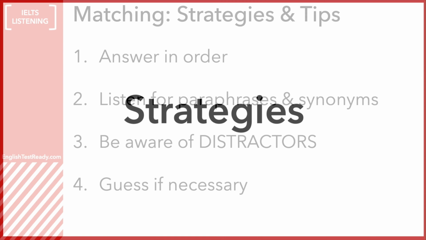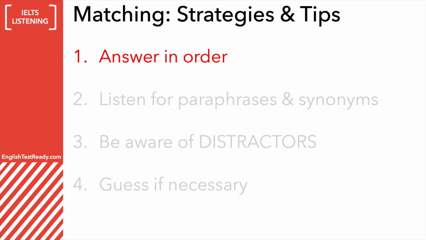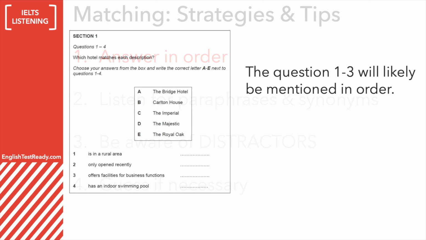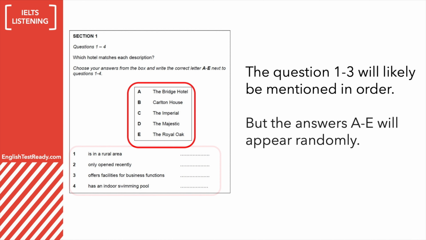These are 4 strategies I have for you. Let's start with number 1, which is answer in order. In these matching question types, the questions 1 to 4 will be mentioned in order. So in this example, in a rural area, only opened recently, and so on will be mentioned in order. But the answers, A to E, will appear randomly.